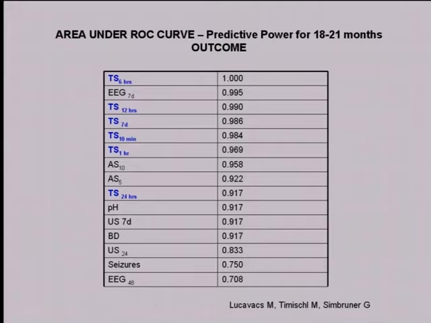Very high area under the receiver operating curve. Only the EEG on day 7 is similar in predictive power. All other things like Apgar at 10, 5 minutes, pH, base deficit are also very good predictors, but not as good. The EEG at 48 hours is not very predictive. Ultrasound also not. So I think this is an important message.